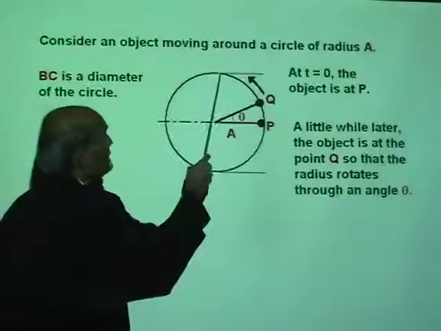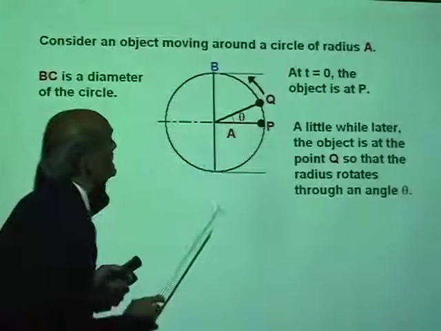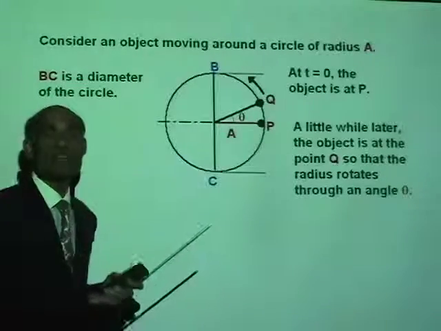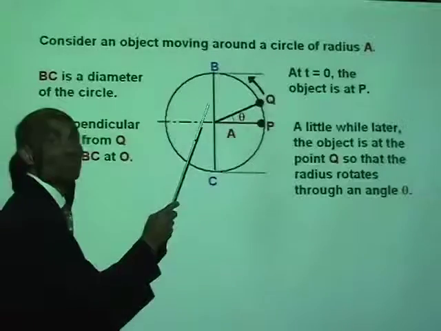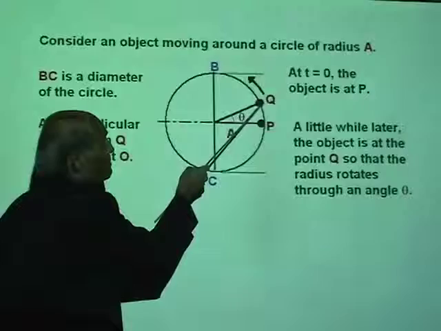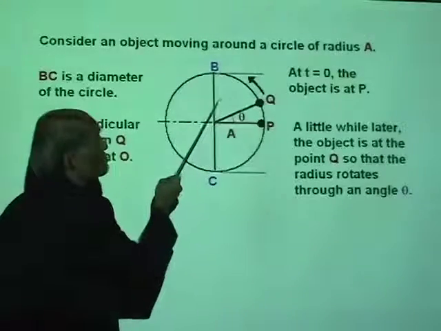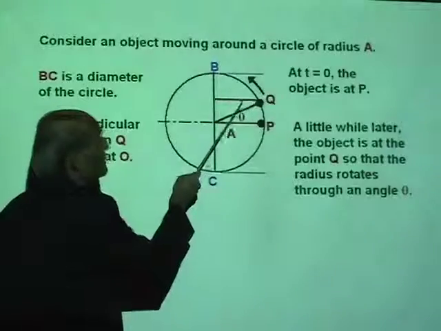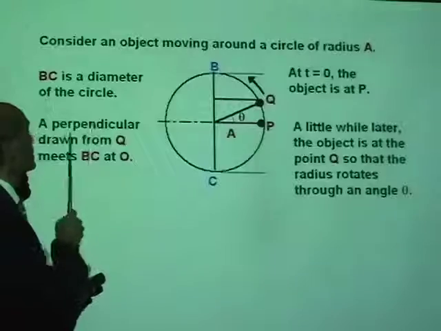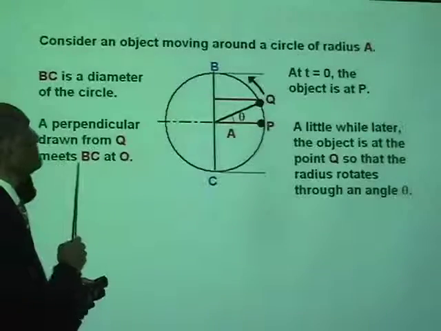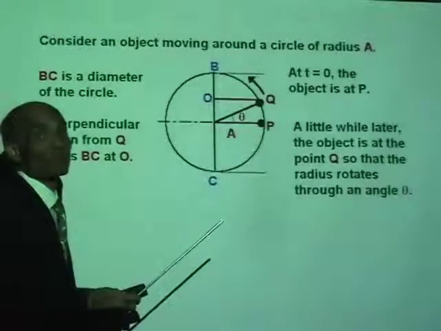Alright, let's draw a diameter. This diameter is BC. BC is the diameter of the circle. And what I'm going to do is draw a perpendicular from Q so that it touches BC. This is a perpendicular drawn from Q. A perpendicular drawn from Q meets BC at O. Alright?